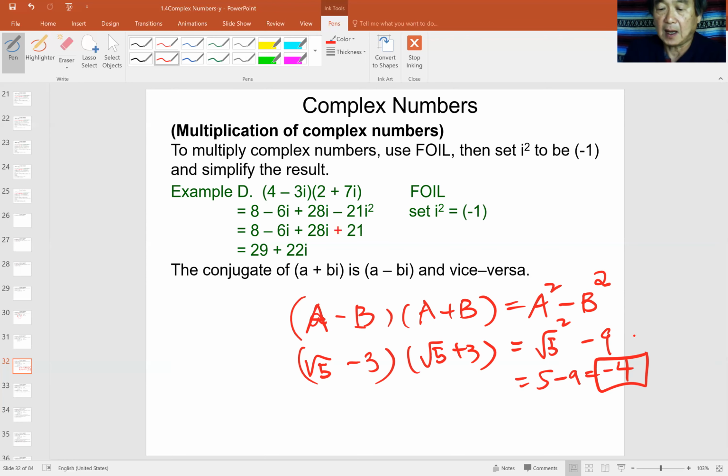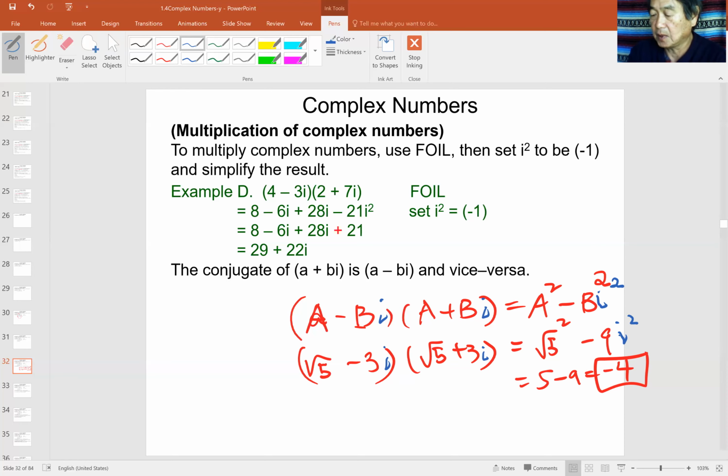Now, if I stick an i in there, the square of bi is b squared i squared, and the consequence is that it changes the minus into a plus. In other words, if it comes with i, for instance root 5 minus 3i times root 5 plus 3i, then I get 9i squared.